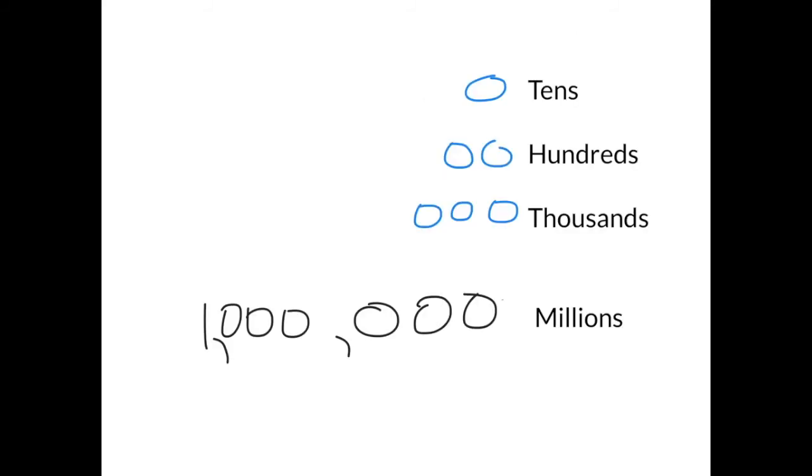If 1,000 thousands is 1 million, how many thousands do we need for 1 billion? Press pause right now, and can you write in word form how many thousands we need for 1 billion? It equals 1 million thousands.